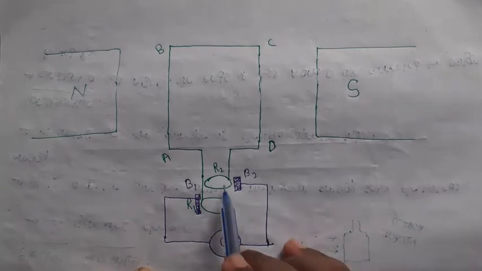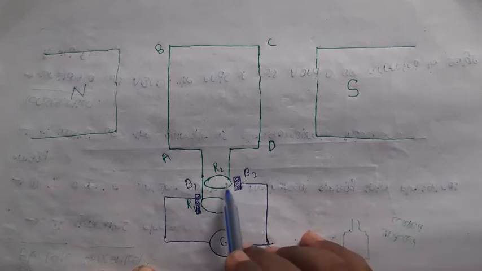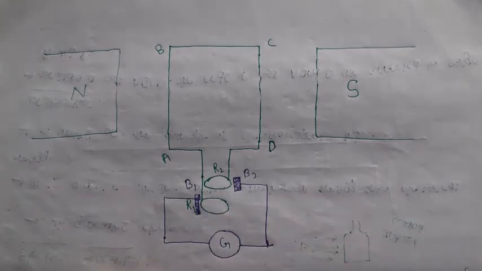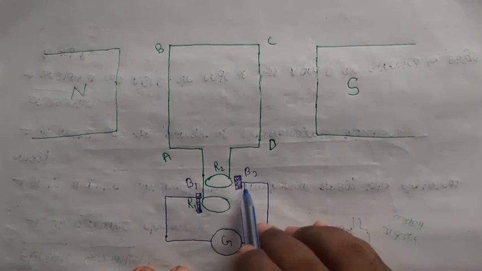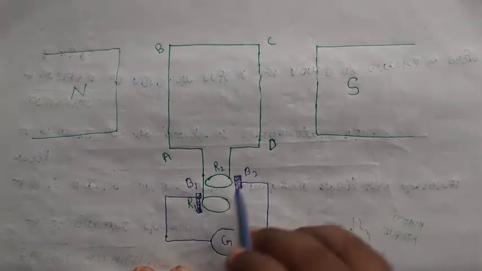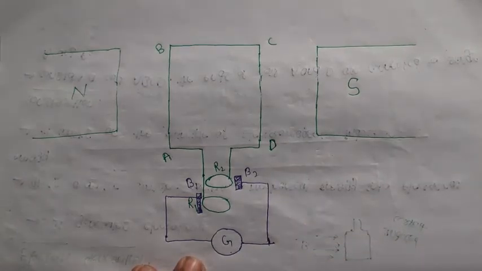These two rings are in contact with the brushes B1 and B2. These two brushes maintain the contact between the rings and the galvanometer. Next, what is the use of the galvanometer? Galvanometer is the device used to identify the direction of flow of current.